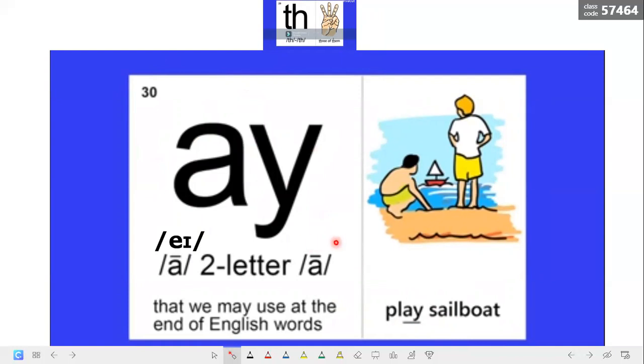So be careful, because there is no word in English that should have I as the last letter in spelling. Listen. Number 30, AY, a two-letter A that we may use at the end of English words. Play, sailboat.